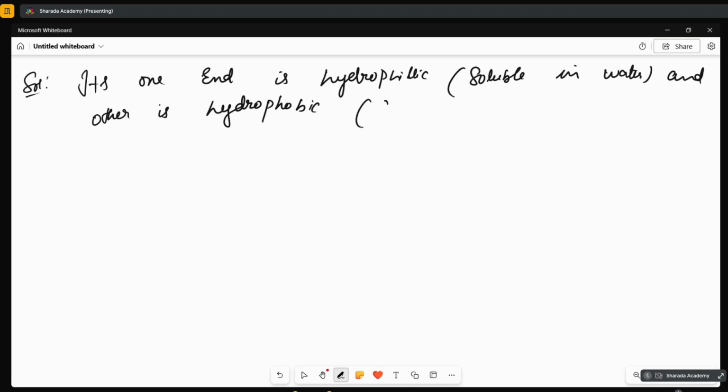Hydrophobic, that is soluble in fats or oils.